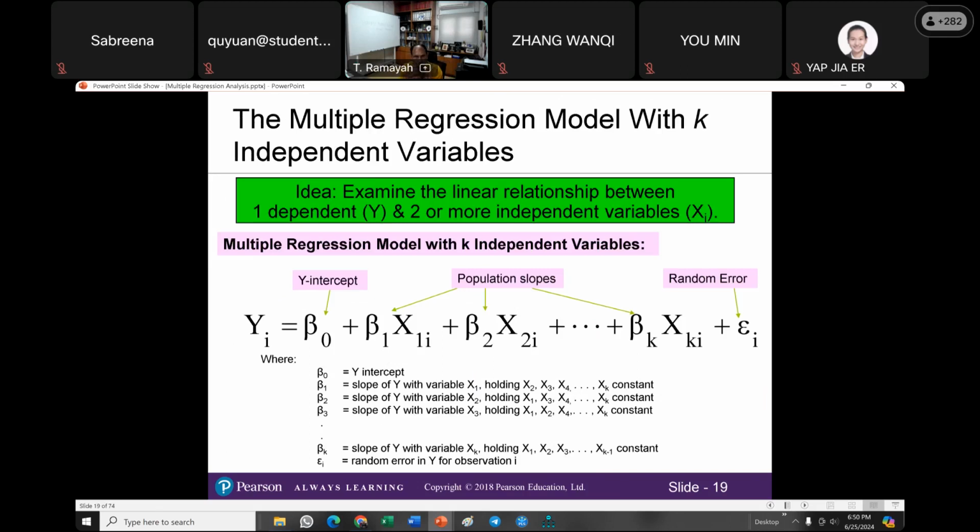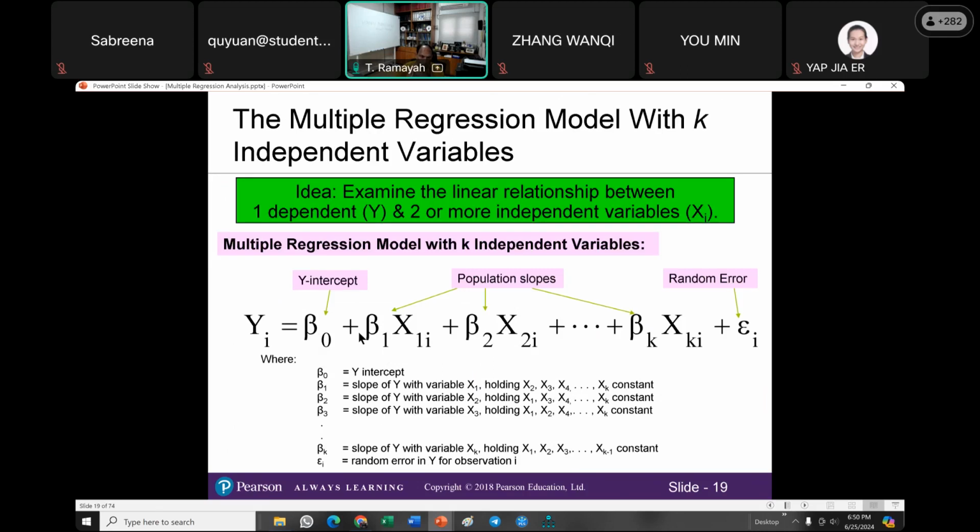So when we run the multiple regression in the software, what we are trying to do is identify the intercept, which is the y-intercept. We want to know the coefficient or slope of independent variable 1, slope of independent variable 2, and slope of independent variable k.